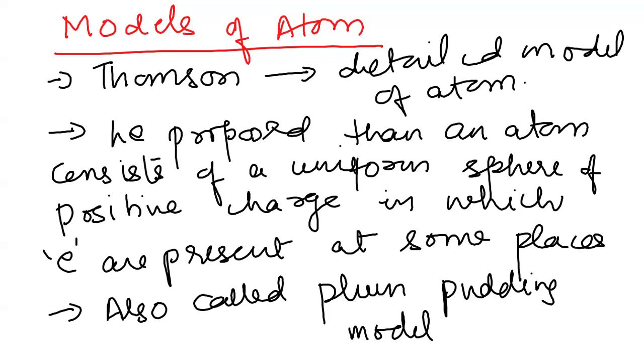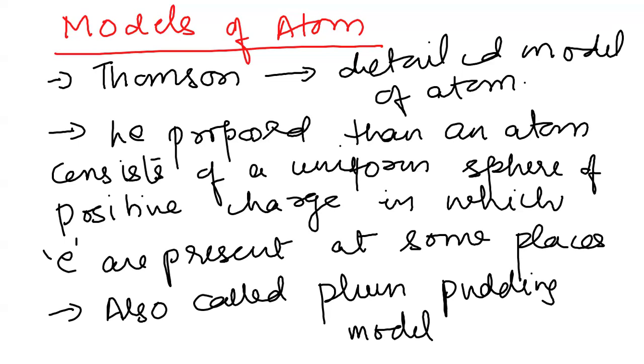So the first model, actually it was Thomson who proposed the first model. His model told that the atom consists of a uniform sphere that is totally made up of positively charged particles. Like you cut a watermelon, the entire red part is positive and the black seeds are negative.